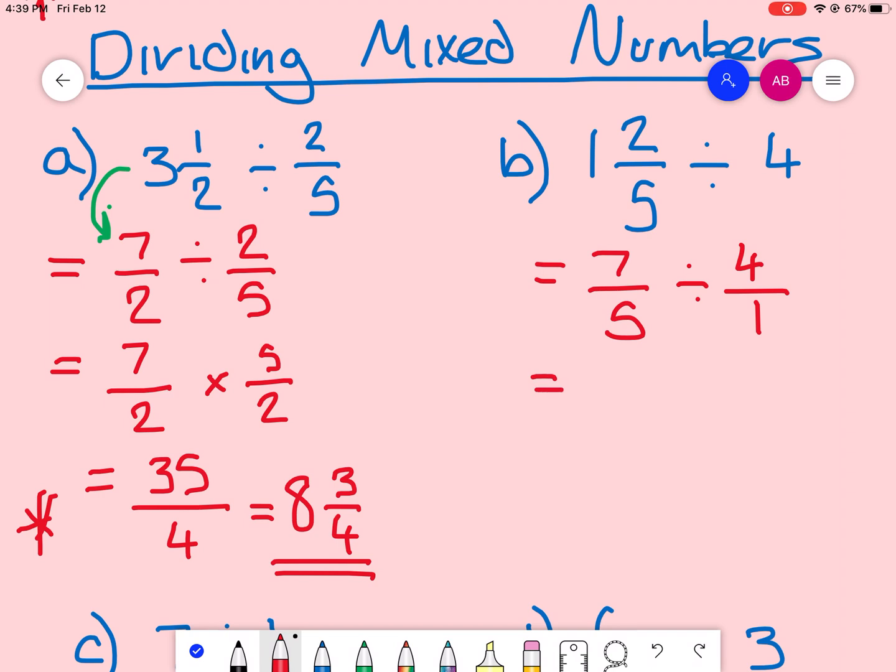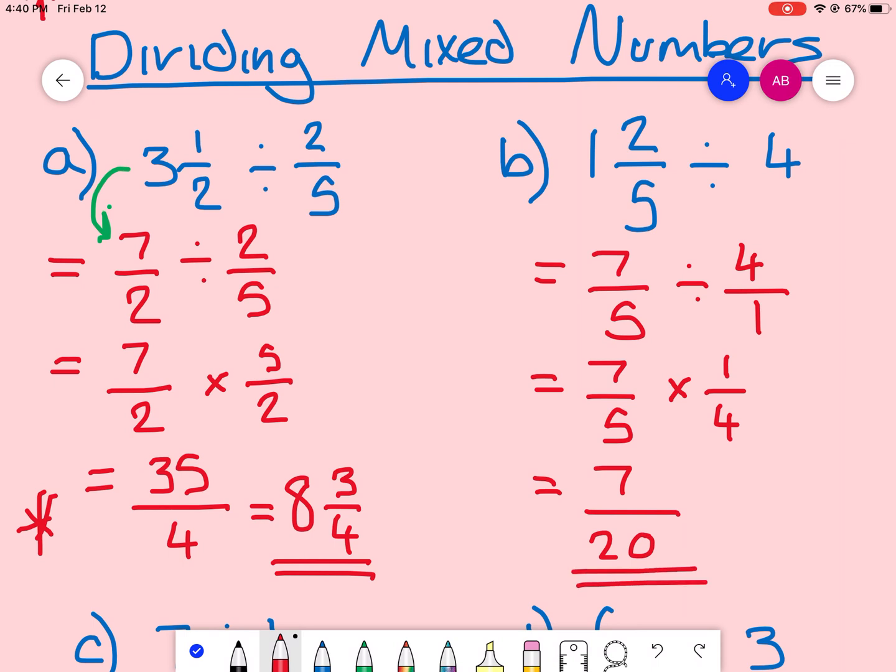We saw that process with our multiplying fractions as well. So, applying the division process, 7 over 5, keep that the same, change the divide to a multiply, and flip the second fraction. Therefore, we are given 7 times 1, so 7 over 20 as our resulting fraction. We can't simplify it, it's not top heavy, so it can't go to a mixed number.